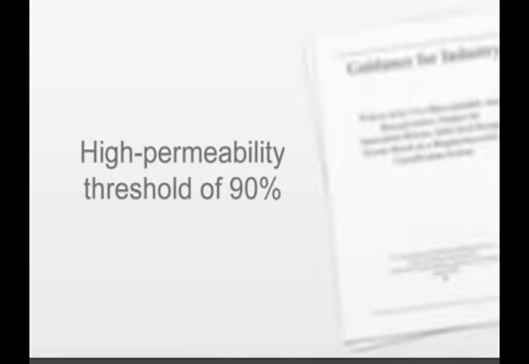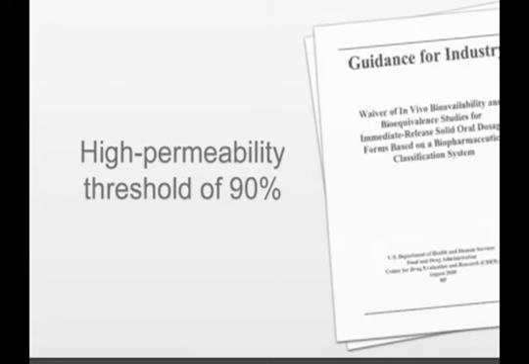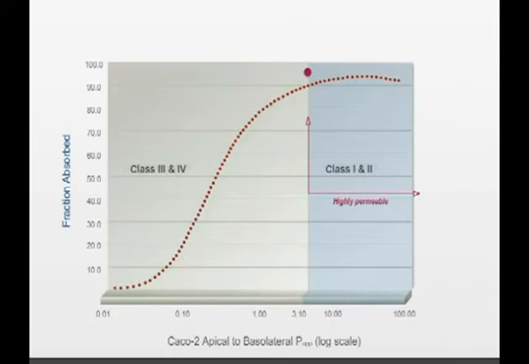Therefore, our validated in vitro test system includes a reference compound that has at least 90% oral absorption. We co-dose each API with the reference compound, and if its P apparent is at least as great as that of the reference compound, the API can be categorized as highly permeable.